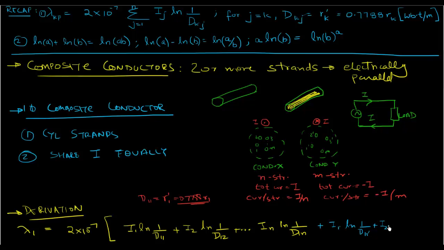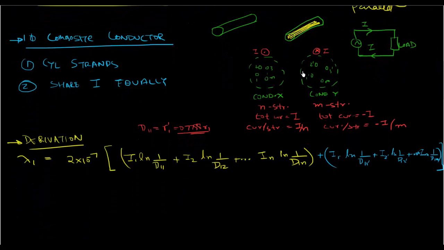Similarly, I2 prime ln of 1 over d1 to 2 prime, so on all the way up to this strand M, so I of M, 1 over d1 M, right? So then you have two parts to this. There's this part in the blue here, the second part, and this first part in yellow here.